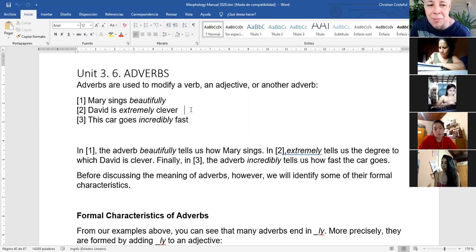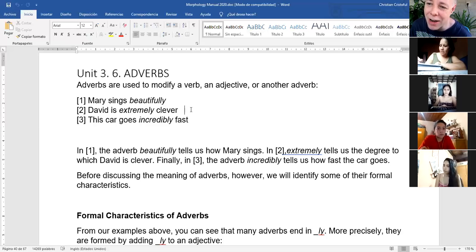And in the third example, this car goes incredibly fast. The word fast refers to going, not to the car. It's not fast car. It's going fast. The car goes fast. Because the word refers to goes, then the word fast is an adverb because it's modifying the verb.